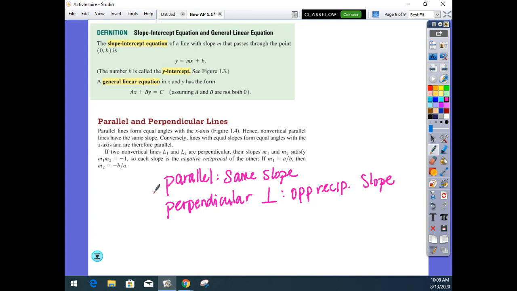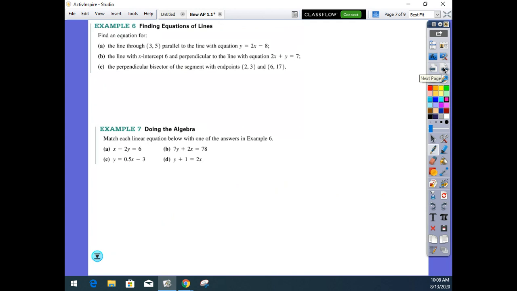You're going to be doing these all the way through the year. These are all just doing all the different equations. If it does not specify what type of equation, you can do any equation that works.